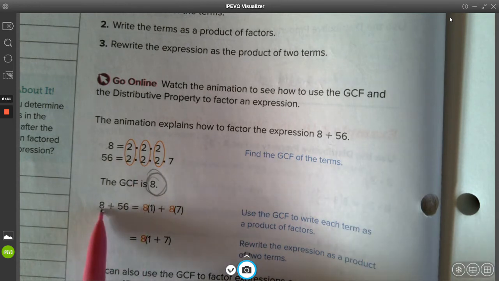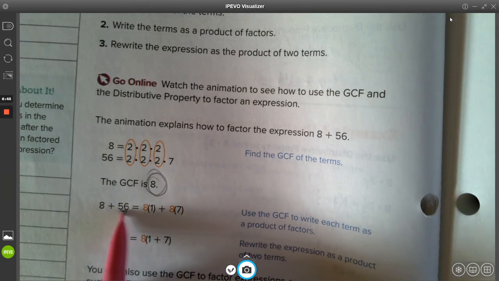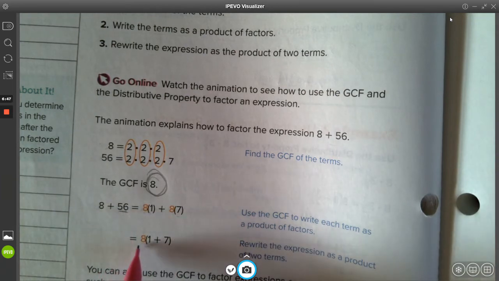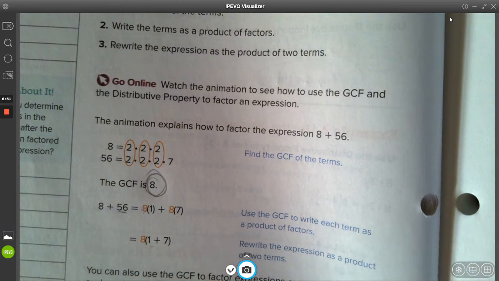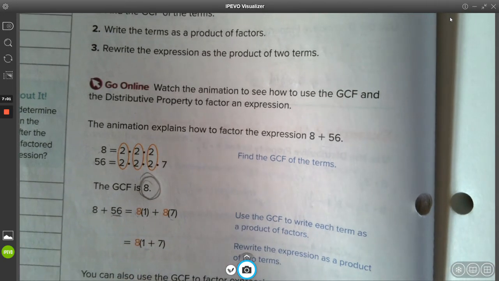Well, 8 times what is 8? That would be a 1. 8 times what is 56? That would be 7. So we would have inside our parentheses 1 plus 7. So 8 times 1 plus 7 would be how we would rewrite that expression.